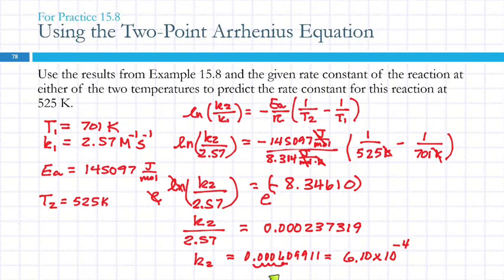Did you guys get this number? Cool. So then I'm putting that in scientific notation and rounding it to 3 sig figs as I go. And what would the units of that be? It's going to be the same as the units on the other rate constant.